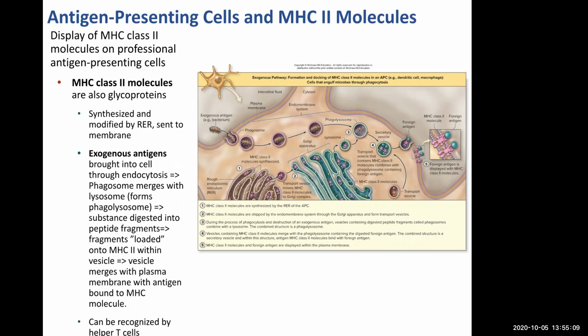B cells, the way they work as antigen presenting cells is that, when I was talking a moment ago about how antibodies are capable of recognizing soluble or free antigen, right? And that the B cell receptor is an antibody stuck on the surface of a B cell.